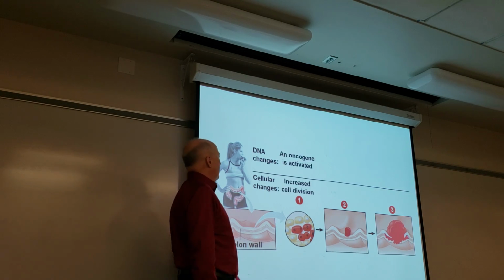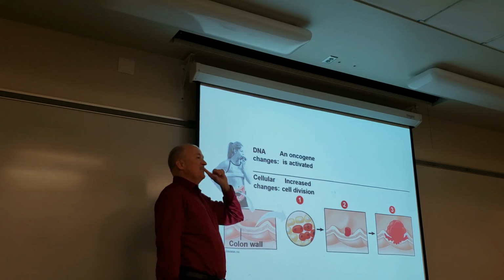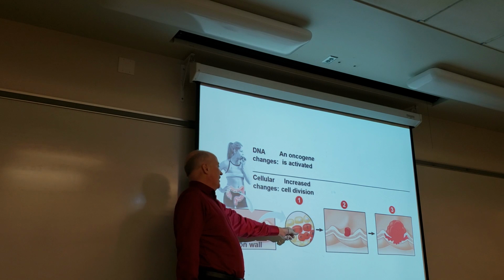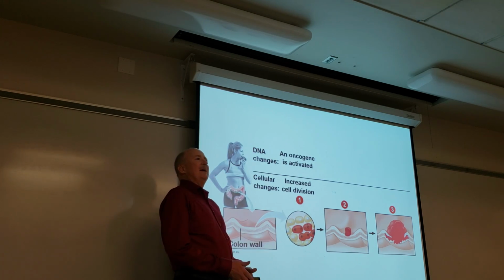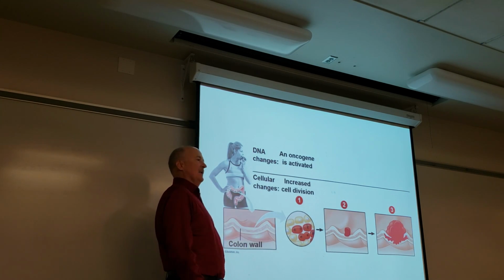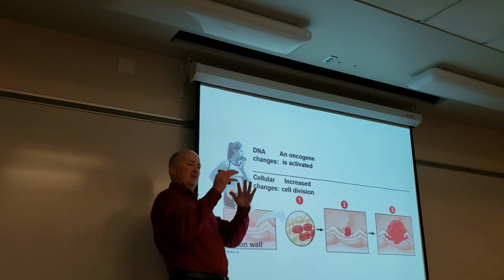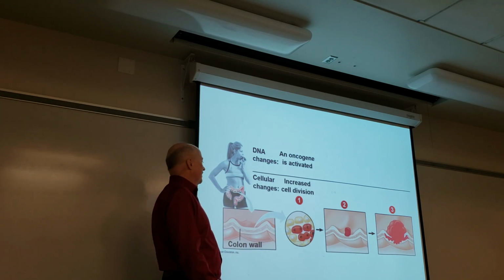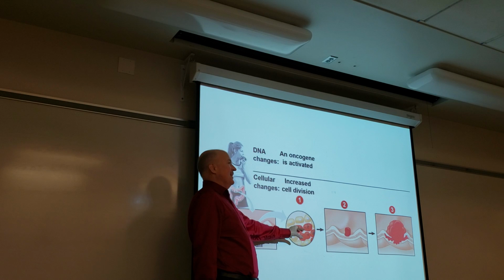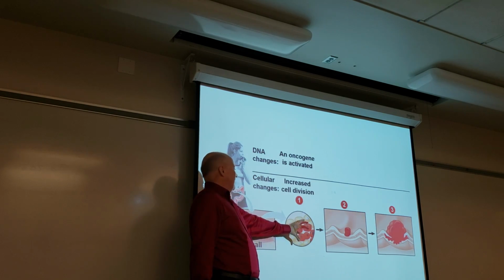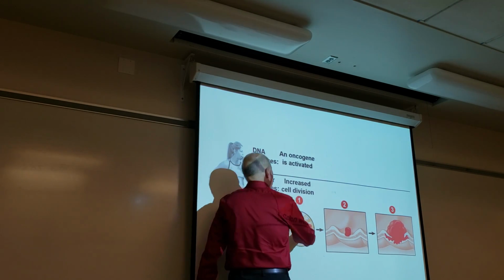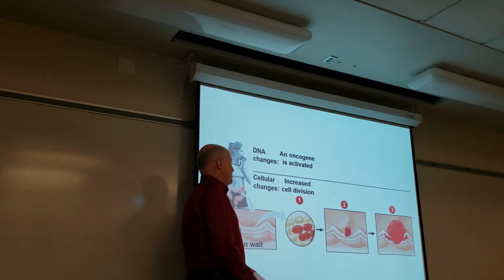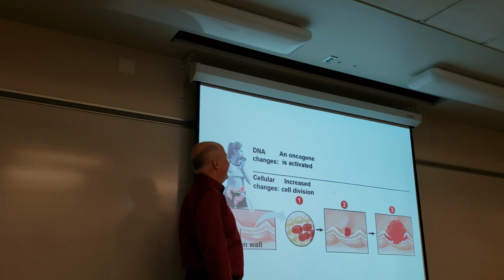But let's say now one of these mutations happens in a cell. A single cell has had an oncogene develop by some mutation to the normal proto-oncogene. We end up then having this accelerated cell division. We produce a mass of cells that all share that mutation.